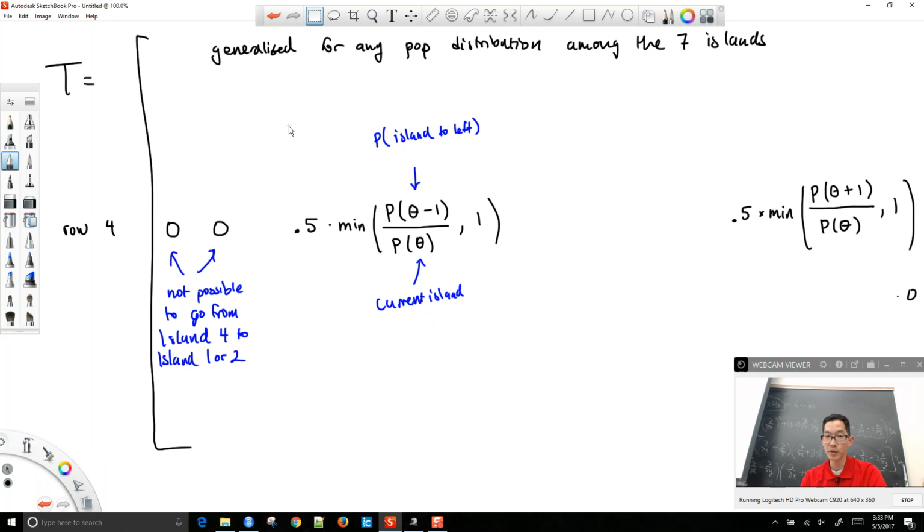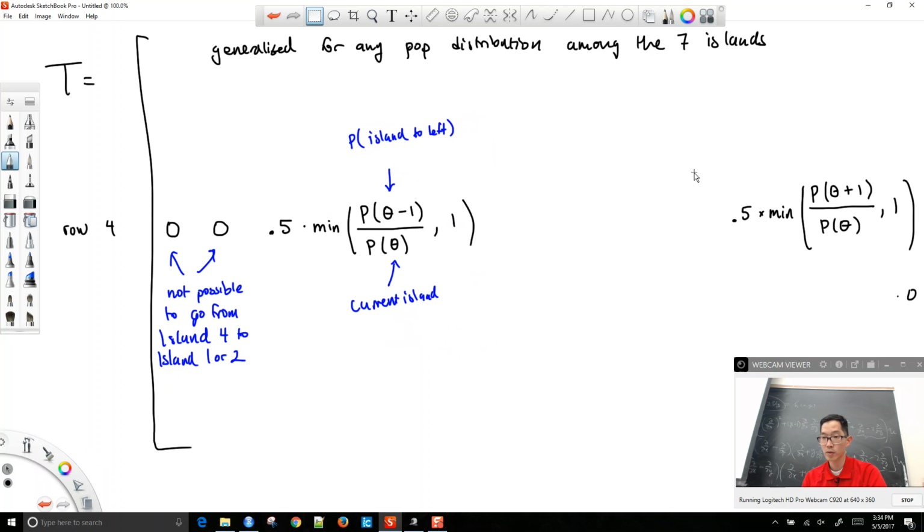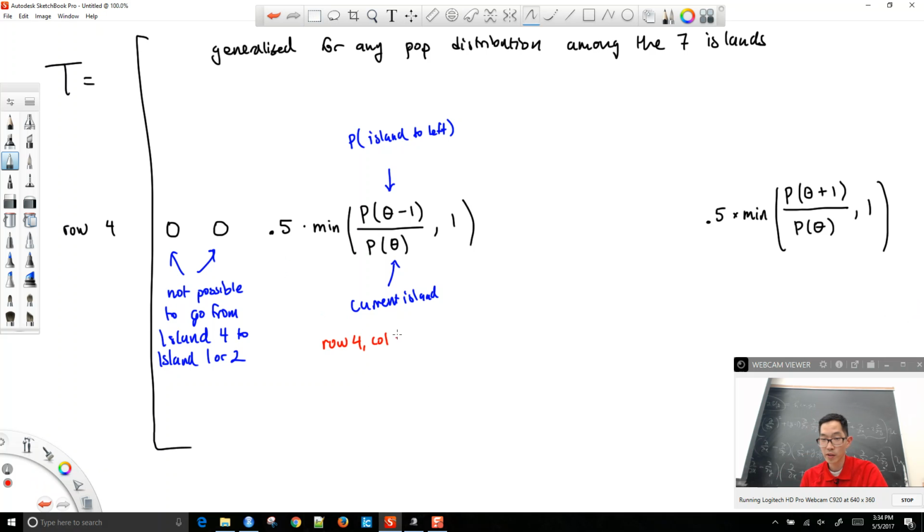Let me see if I can squeeze this in. So this is row 4, column 3. This is row 4, column 5. Okay, and then row 4, column 6 and column 7 are both equal to 0 because you cannot transition from row 4 to 6 or 7.